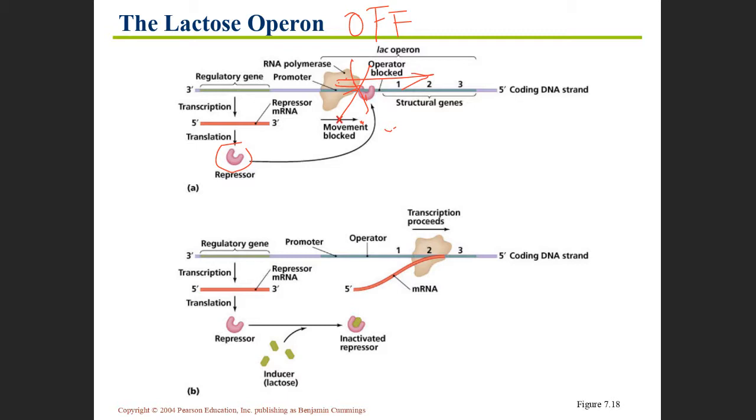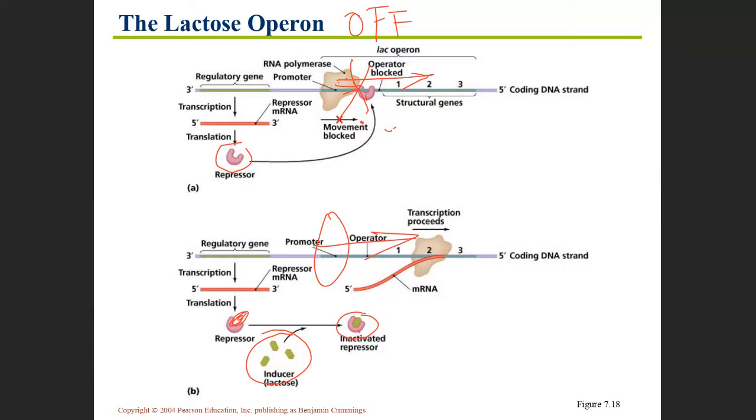So if all of a sudden there is lactose present in the cytoplasm because the transport enzyme found lactose outside and brought it in, okay? Lactose itself is what's going to bind to the repressor and inactivate it. Now the repressor cannot sit on the operator. Now the promoter and RNA polymerase are free to start transcription. Okay.